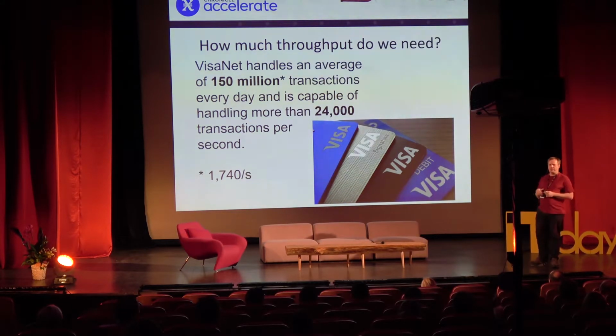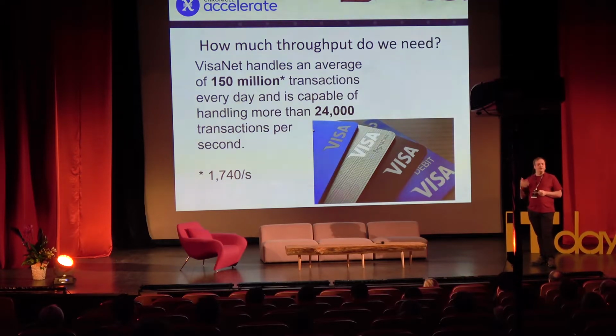So the peaks are around 24,000, but their sustained rate is about 1,700. Now this is an established player, so if you're going to be high performance, you really need to be faster than Visa. Otherwise, you may as well use Visa because it already runs and works.